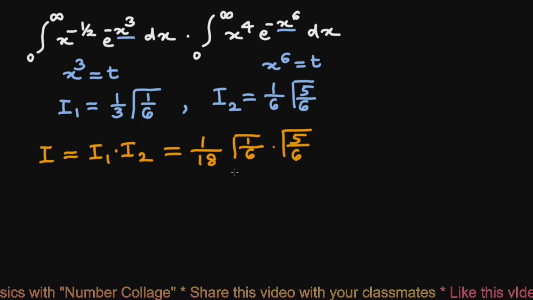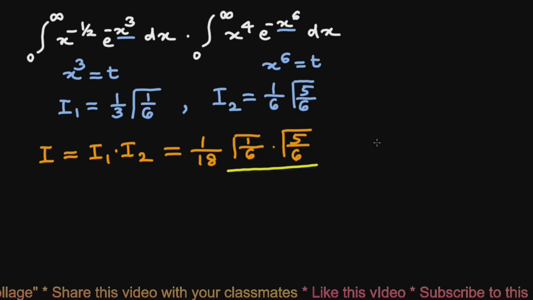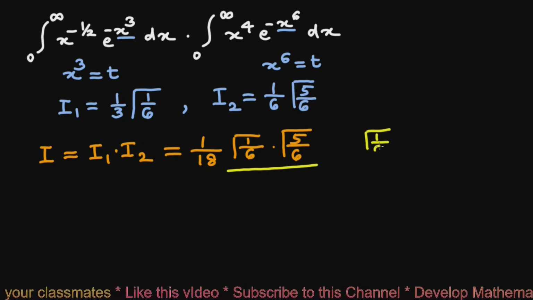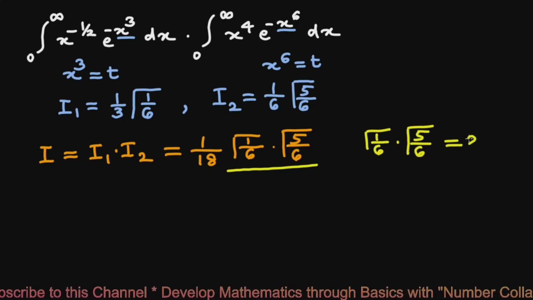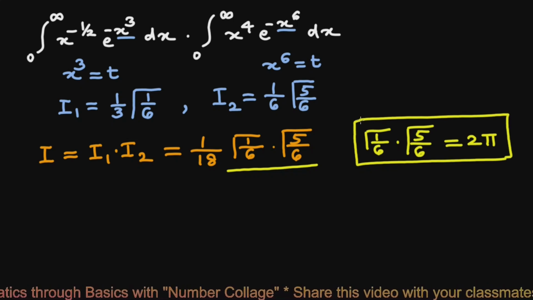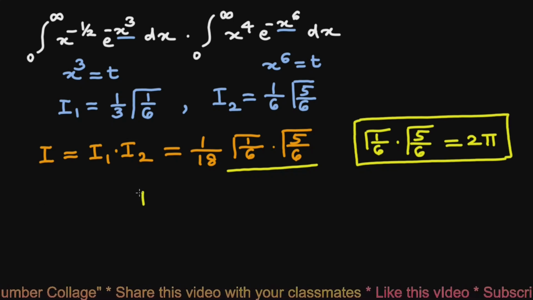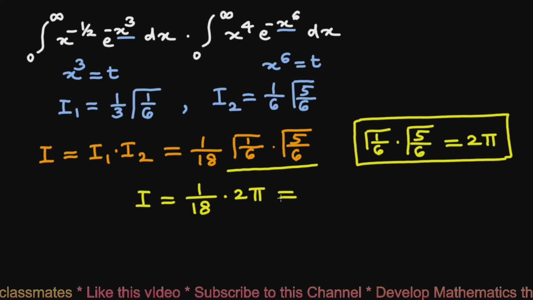We have a result for this: gamma 1 by 6 into gamma 5 by 6 is 2 pi, which we will prove later on in beta functions. So this integral I will be 1 by 18 into 2 pi, that is pi by 9.